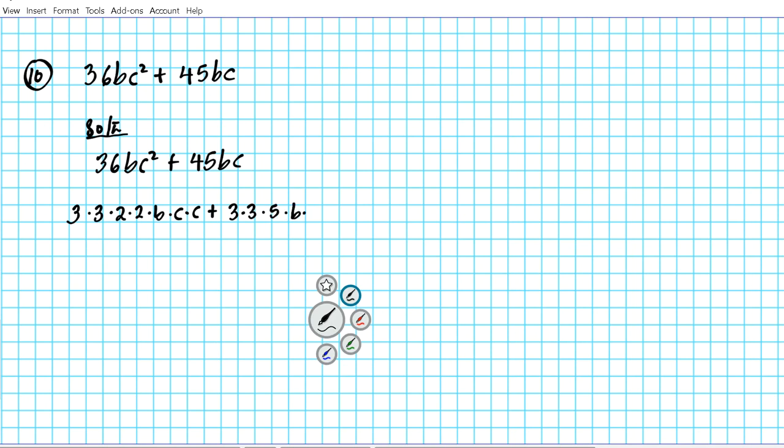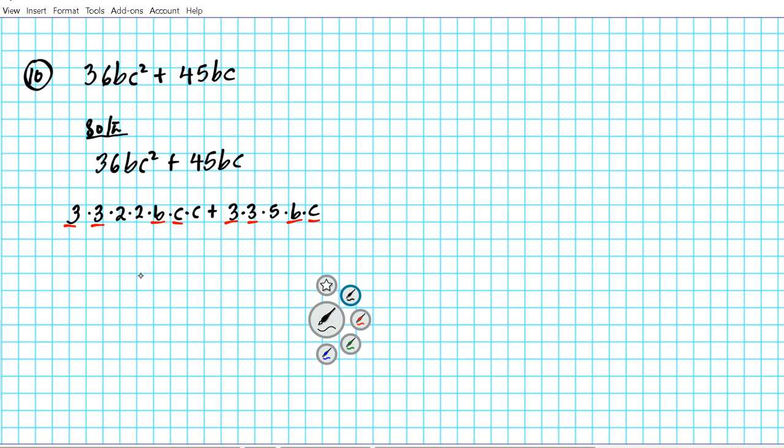What are the common factors that we can extract? We have a 3 here and a 3 here. We have another 3 here and another 3 here. And then we have a b and another b, and a c and a c. Those common factors can be extracted. That's the GCF.